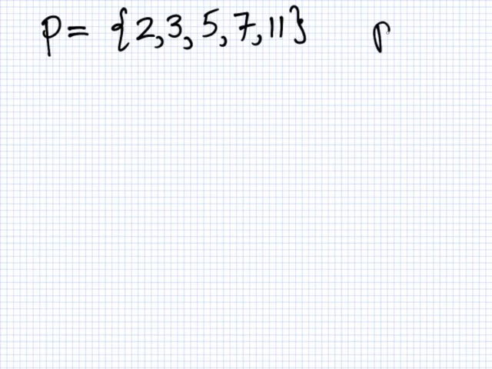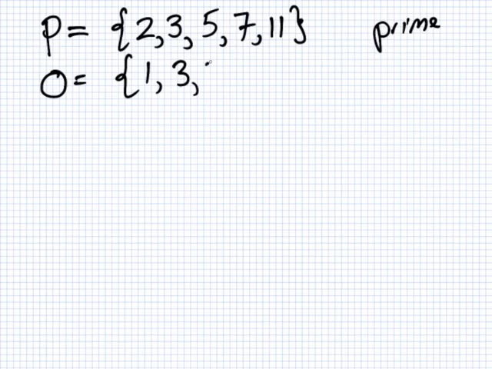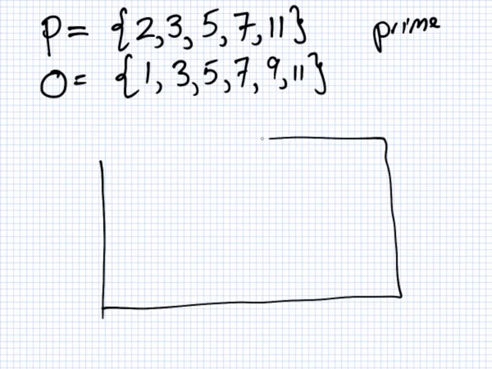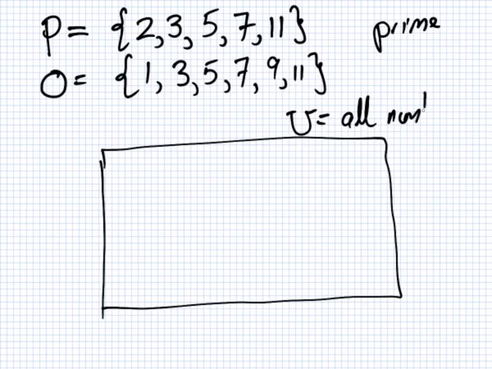These are called prime numbers. Odd numbers: 1, 3, 5, 7, 9, 11. And then maybe here, this is the universe. Maybe that could be all numbers, or something like this. It's not important right now.